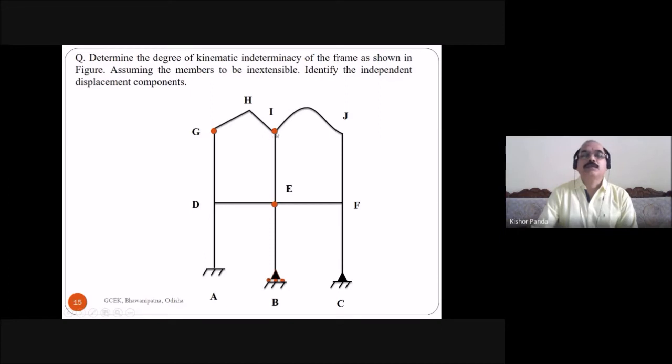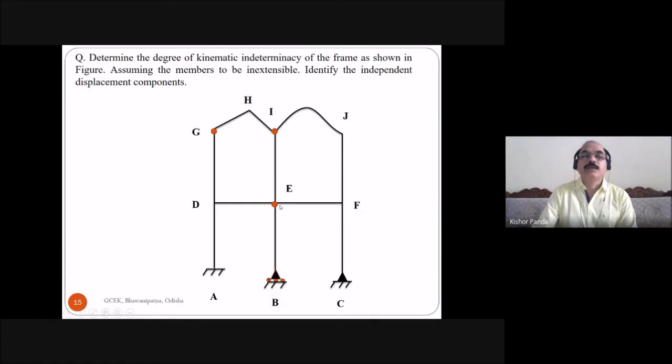And here you see 3 members meet at joint I, an internal hinge. So here you have to take the internal release 2, m minus 1. The total number of members meeting at joint I, minus 1, is the internal release. You have to take 2. And at joint E, 4 members meet.